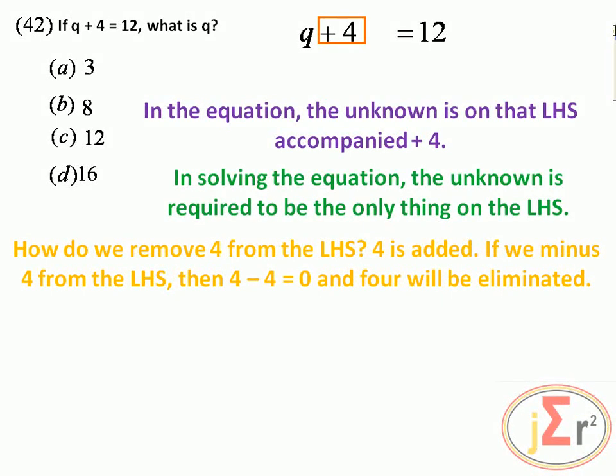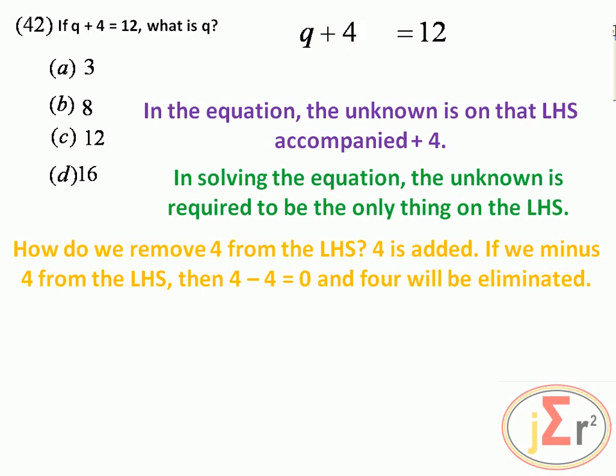Why do we subtract 4? Because we are adding 4. The opposite of addition is subtraction. And we need to do what it takes to eliminate that 4 that is accompanying Q by addition. Therefore, we will eliminate that 4 by subtraction.